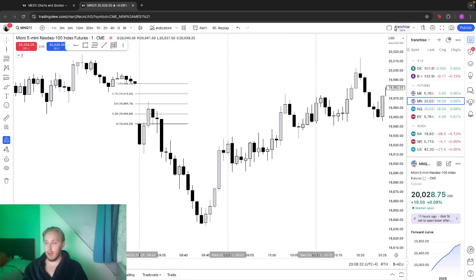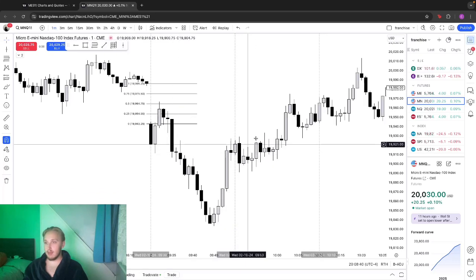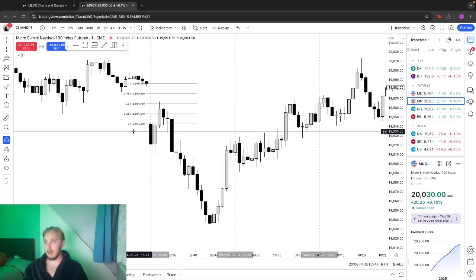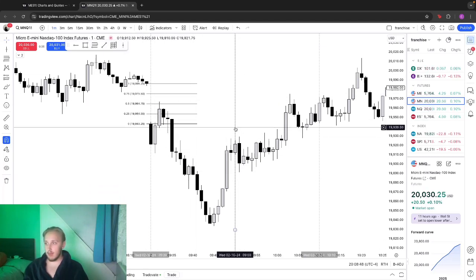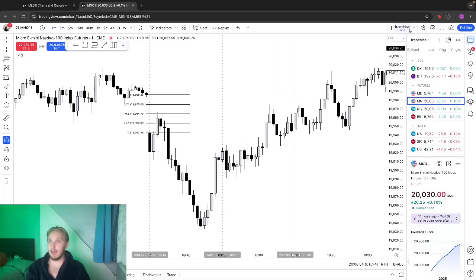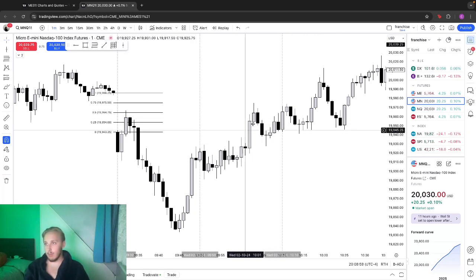However, I would rather wait for the macro time, just because it has a lot more meaning than just the first 30 minutes, the first half an hour from 9:30 to 10. The macro is the sort of setting down, and then as soon as you get your macro, that's when price starts moving.